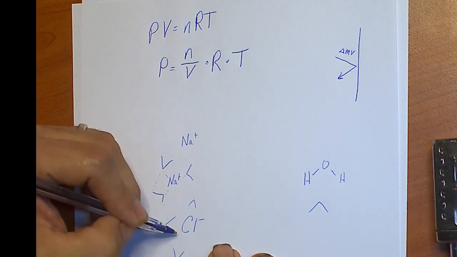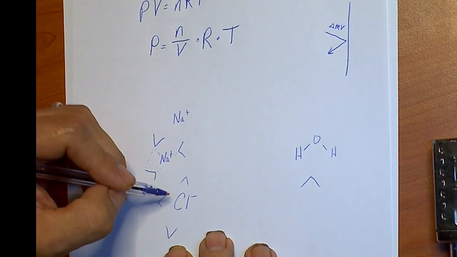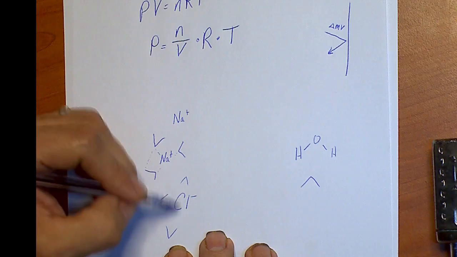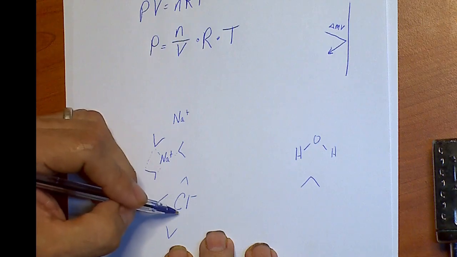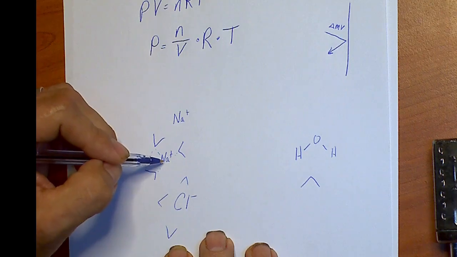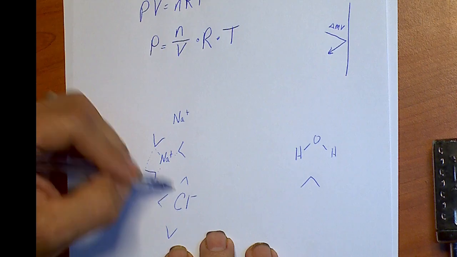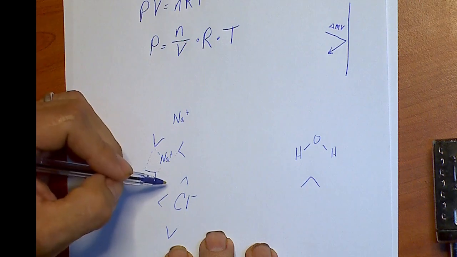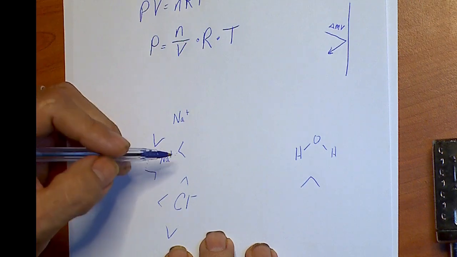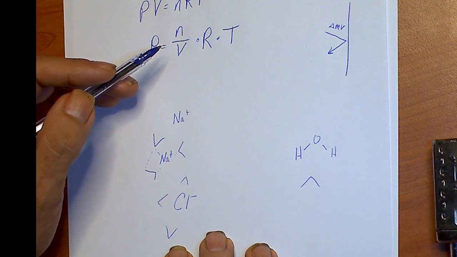Remember, the hydrogens would all orient themselves around the negative chloride ion, and it's happier being surrounded by water than bonding with the sodium. That's why it dissolved in the first place. So when these things run into each other, the sodium and the chloride ions, they also bounce off of each other. Hopefully that reminds you of what the pressure is in a gas.